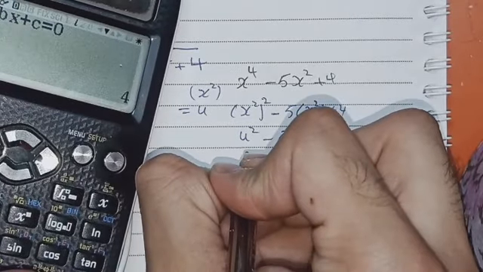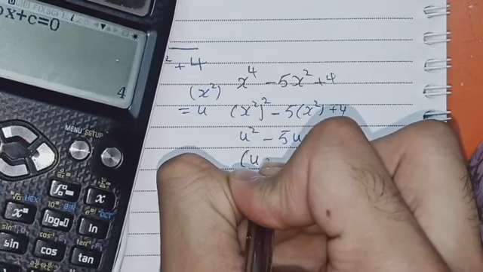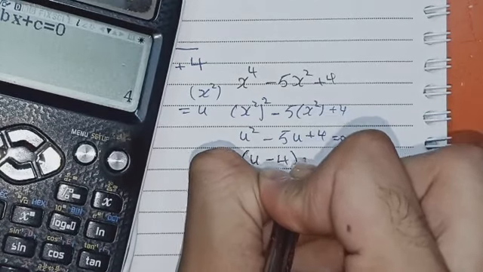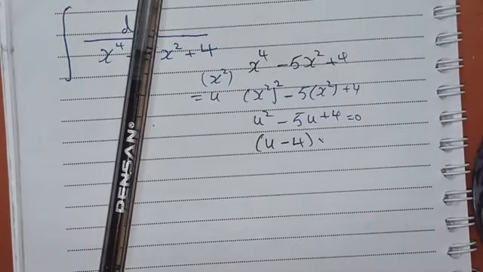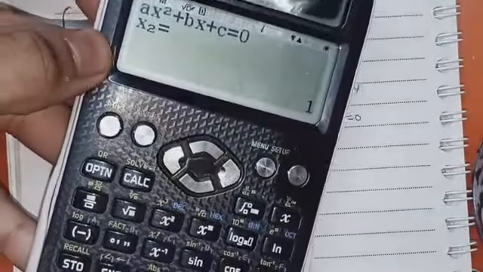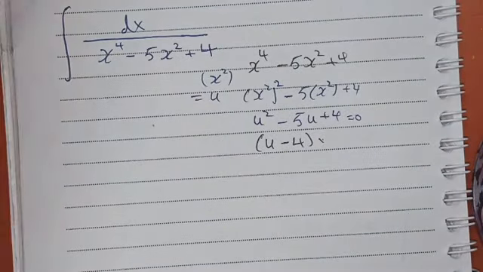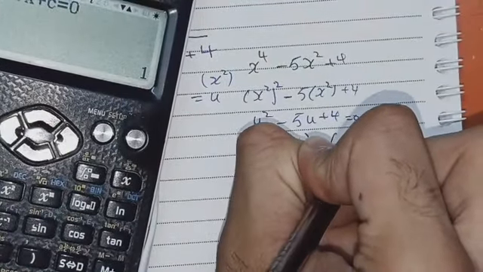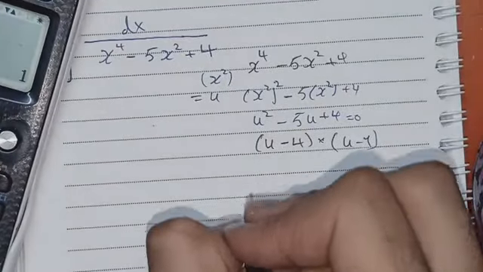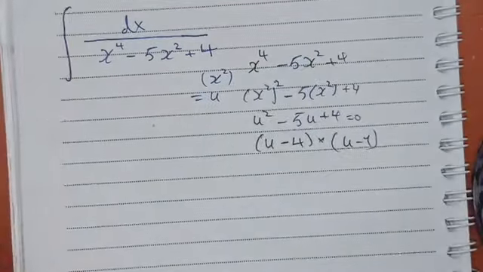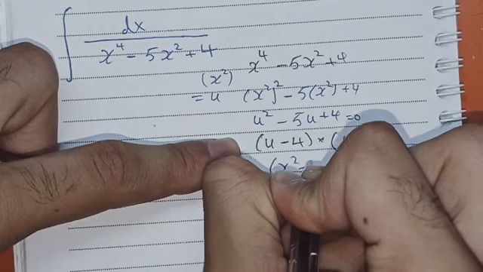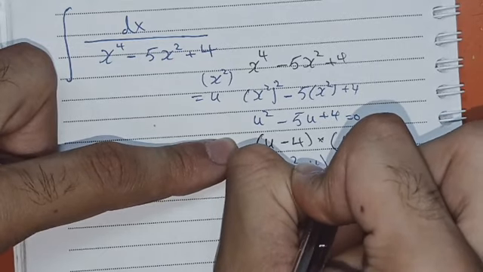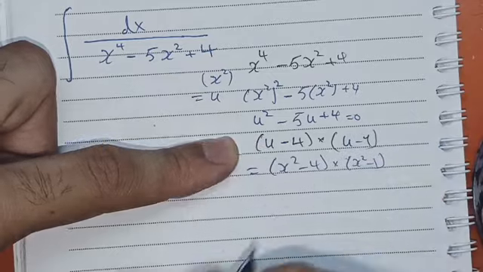So it is (u − 4) multiply (u − 1). And we know that u is equal to x². So x⁴ − 5x² + 4 will be equal to (x² − 4) multiply (x² − 1).